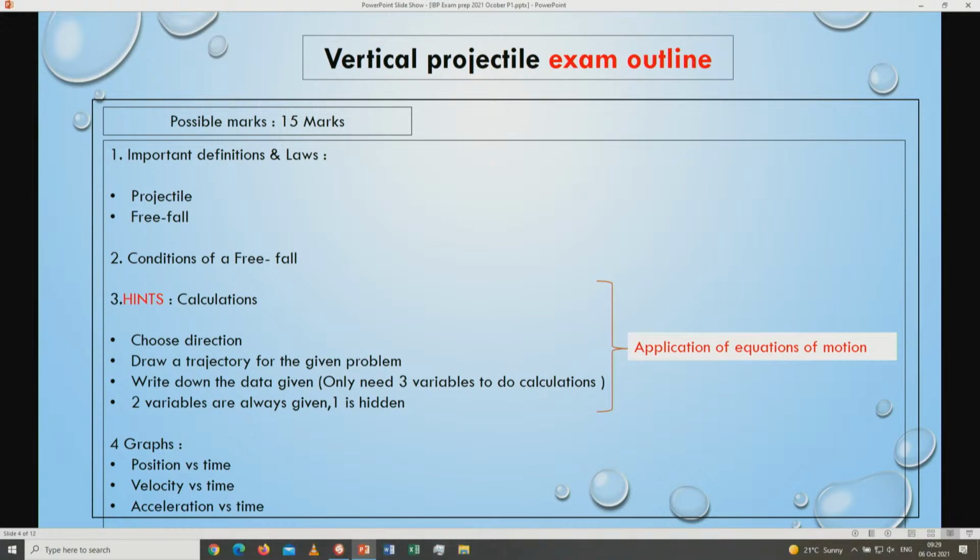But now the key thing is, when you choose your direction, the problem is once you cannot associate the correct vectors with your direction, it's when you start losing a lot of marks. And when you choose a direction, preferably draw a trajectory for the given problem.